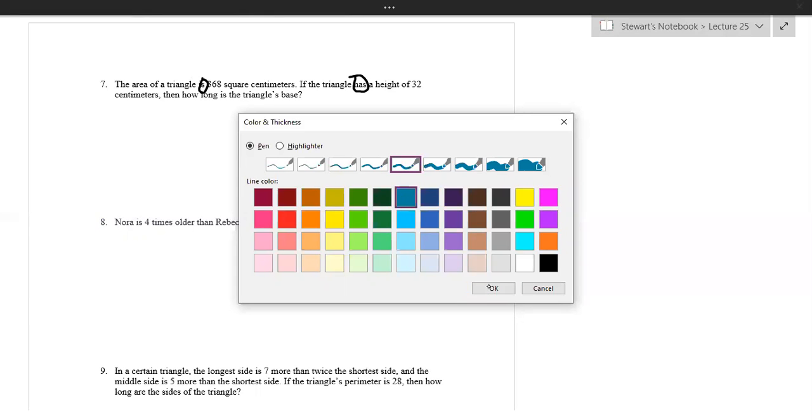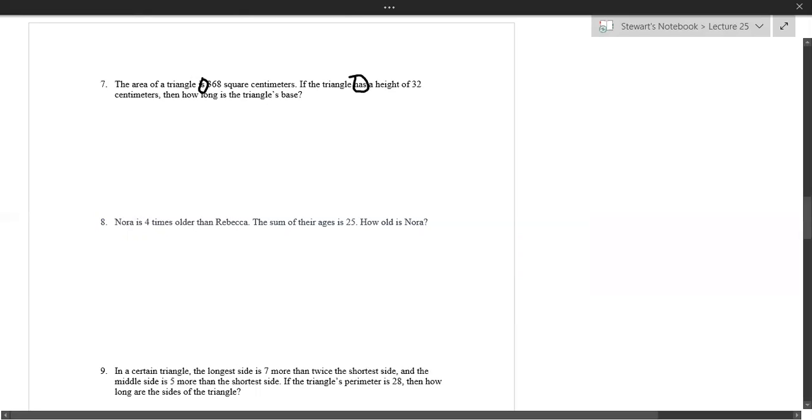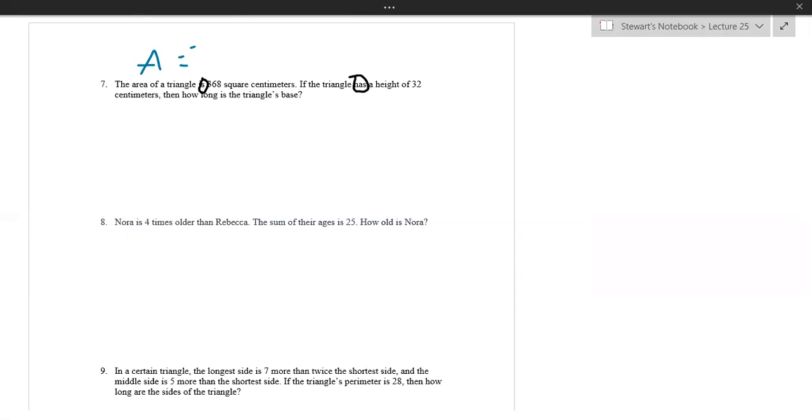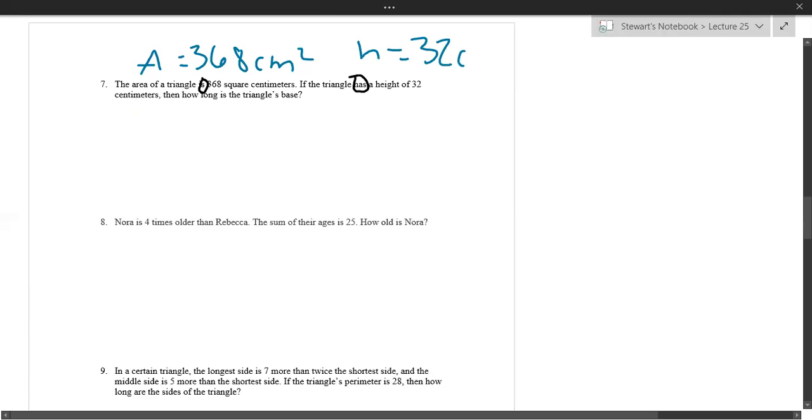Okay, so we have that the area is or equals 368 square centimeters. We know that the height is 32 centimeters. They want us to find what the base is because we don't know yet.